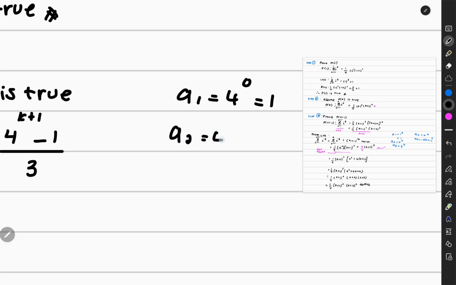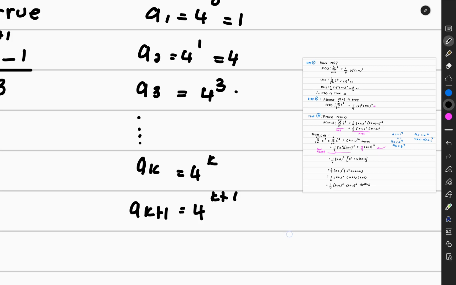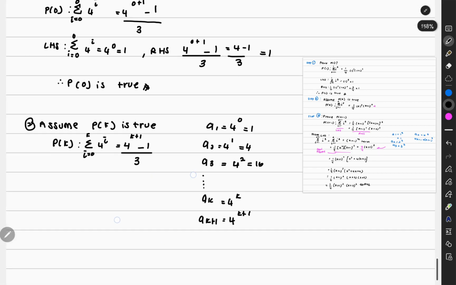And up until the K term, that will be 4 to the K. And the K plus 1 term will be 4 to the K plus 1. Sekejap. Alright.